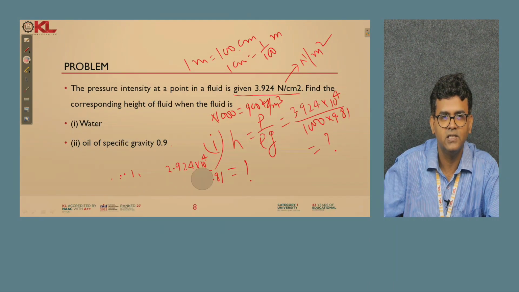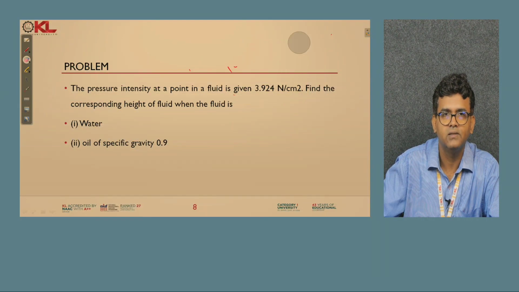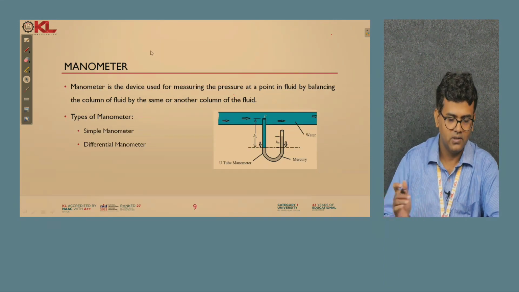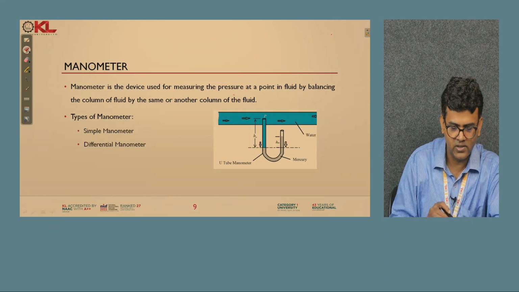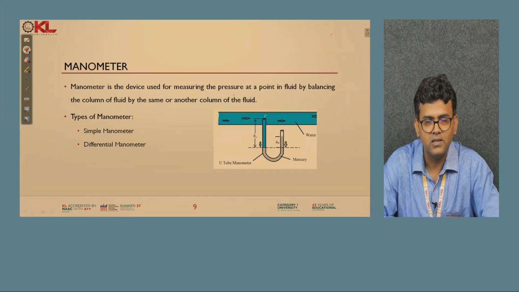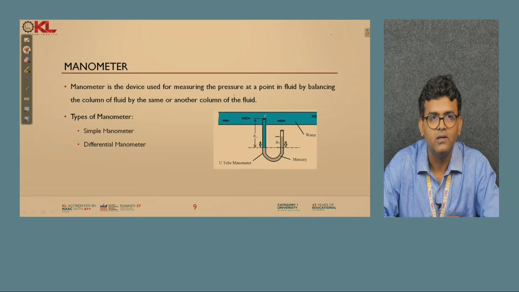So let's move to the next topic, manometer. How can you define the manometer? Manometer is a device that is used for measuring pressure. Previously we measured pressure using some equation. Now in the manometer, how will we get the pressure?